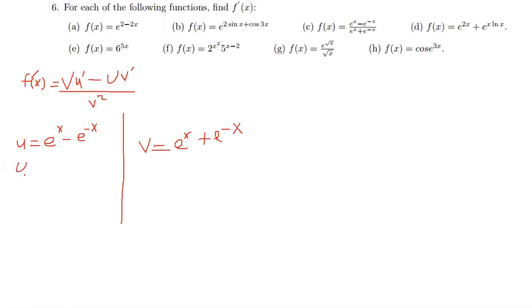So you find u prime there, which is just the derivative of that function. When you differentiate e^x, you still get the same e^x. That's how it is. And then when you differentiate negative e to the power negative x, we differentiate the power there.